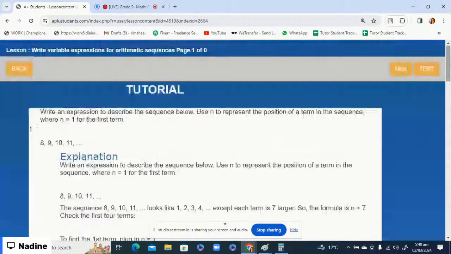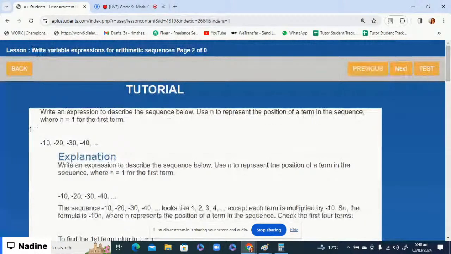Now let's do the next. So check out the question. For example, write an expression to describe the sequence.